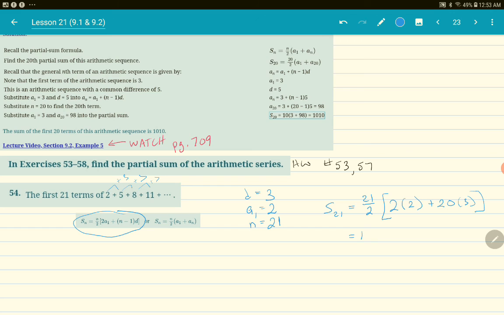That's 10.5 times 4 plus 60, or 10.5 times 64. So 10 times 60 is 600, plus half of 64 is 32, plus 40. So that gives me 672.